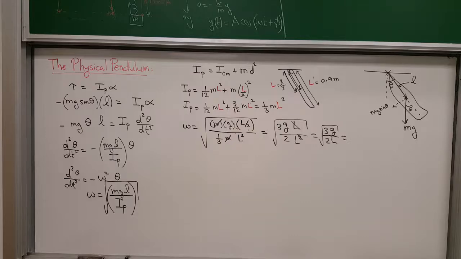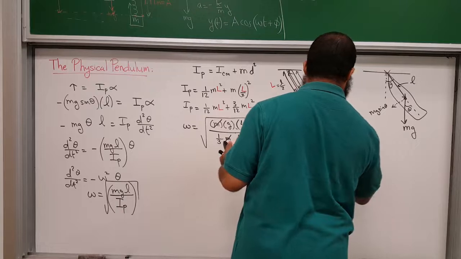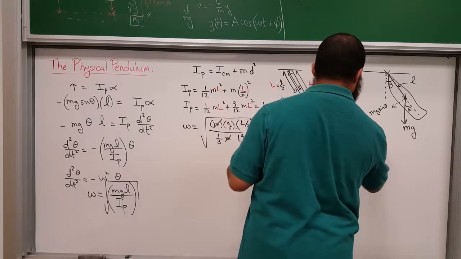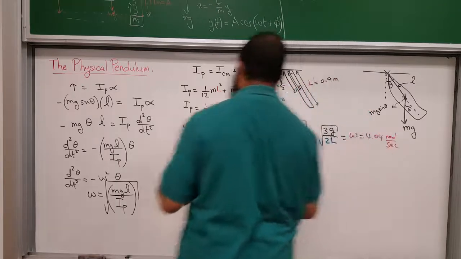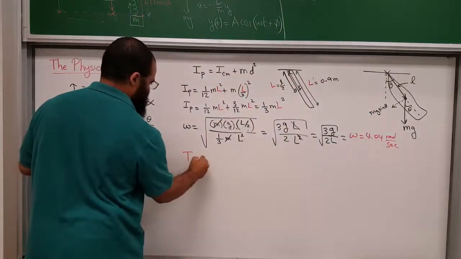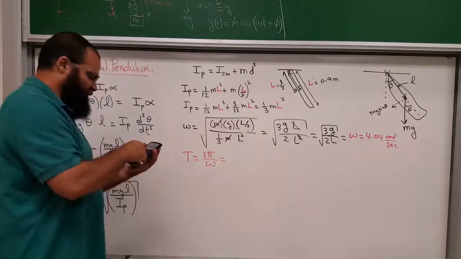That's omega, 4.04 radians per second. If you want the period, it would be 2 pi over omega.